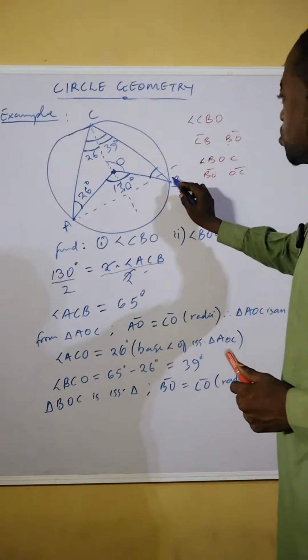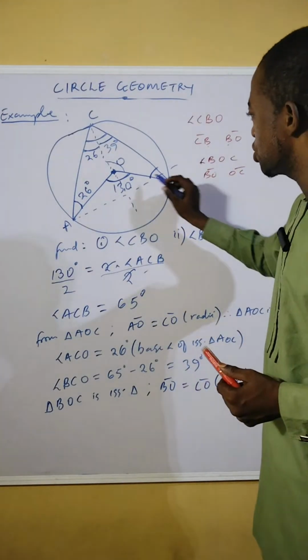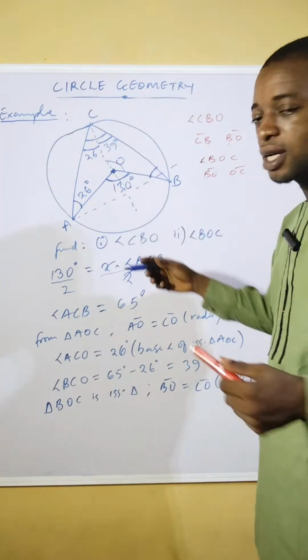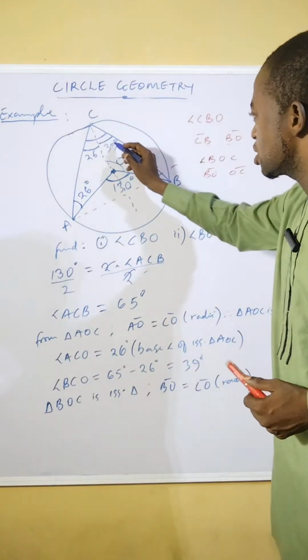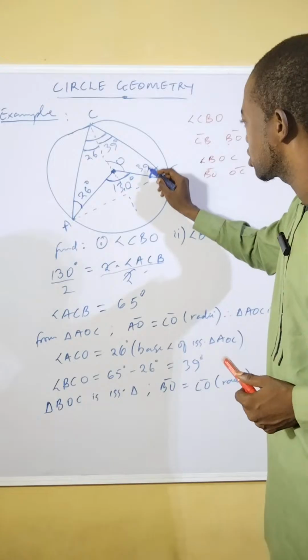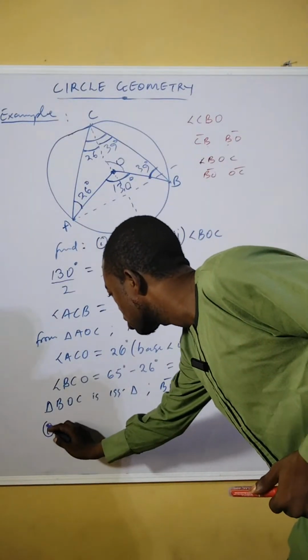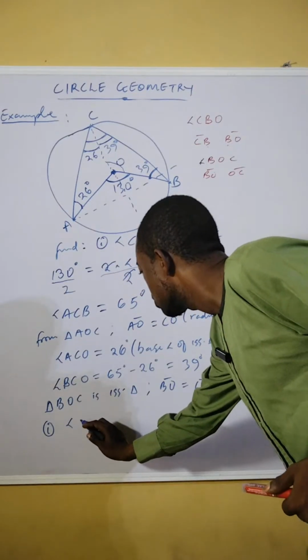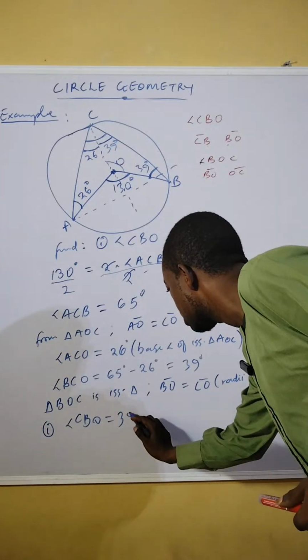So this triangle BOC is also an isosceles triangle because BO and CO are equal. Therefore, the base angles are also equal. This is 39, this is also 39 degrees. And therefore here, question 1 now, angle CBO that we are finding is equal to 39 degrees.